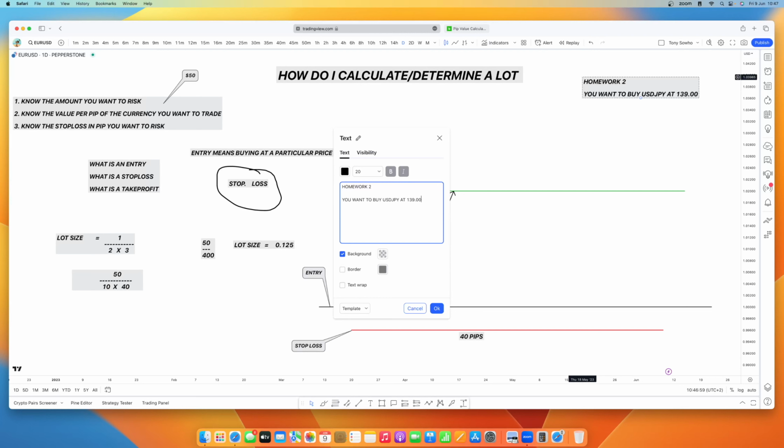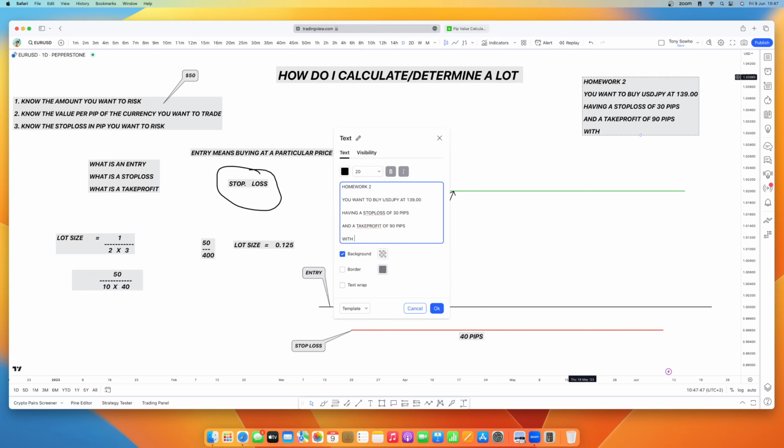You want to buy USD at 139.00, having a stop loss of 30 pips and a take profit of 90 pips, with a $50 risk.